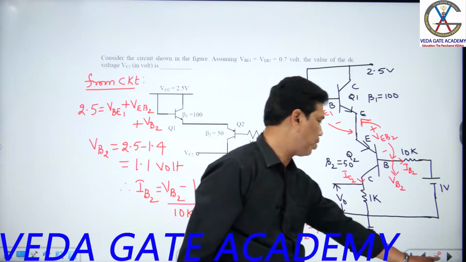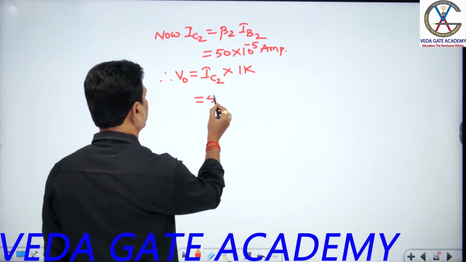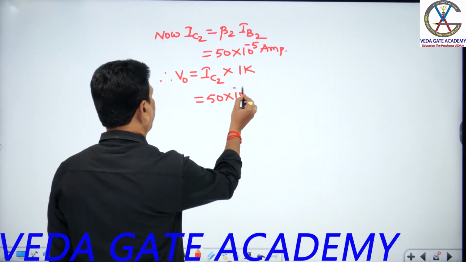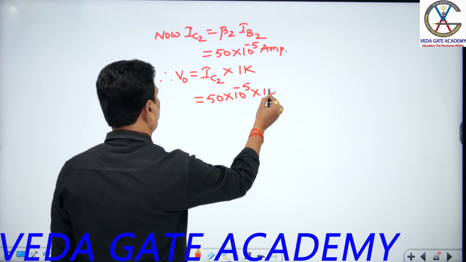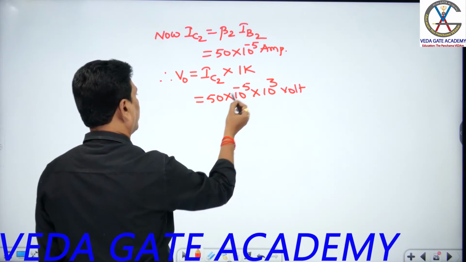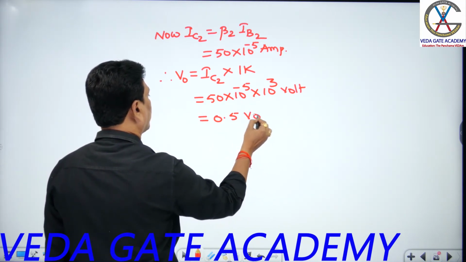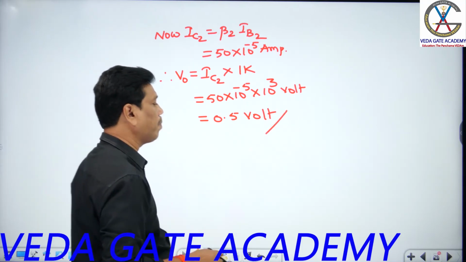So I substitute now, students. IC2 is 50 into 10 power minus 5 into 10 cube. So 50 into 10 power minus 2 comes to 0.5 volts, students. So VC2 we are asking equals 0.5 volt.